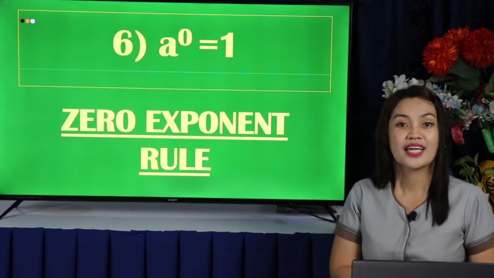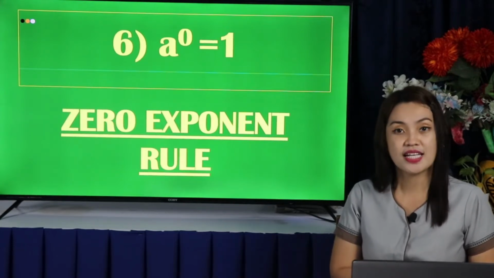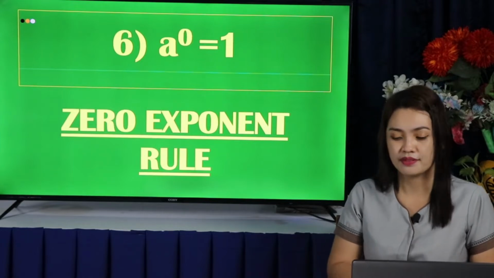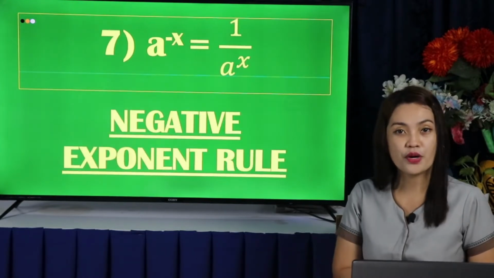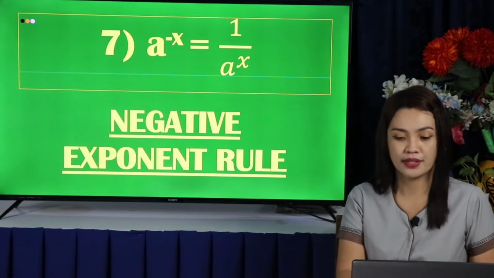In addition, a raised to the power of 0 equals 1 illustrates a zero exponent rule. a raised to the power of negative x equals 1 over a raised to x illustrates a negative exponent rule.